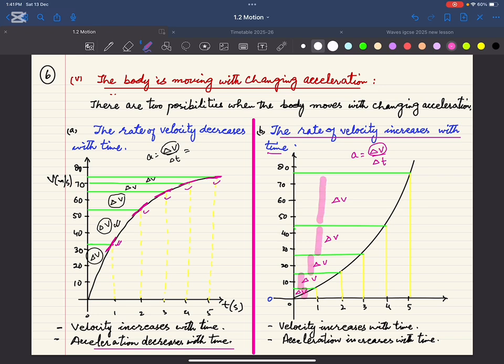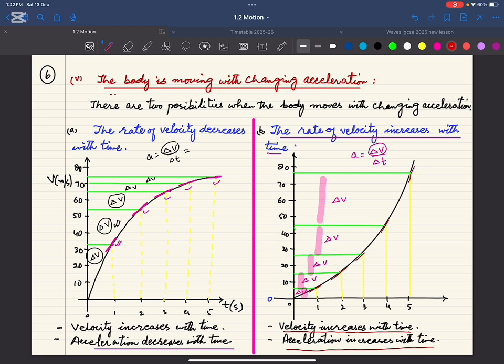So when the velocity changes with a greater rate, the acceleration is changing with a greater rate. Velocity increases with time, so the acceleration increases with time in this case. And if you want to show it with the help of the gradient, each time the gradient increases, this shows that the acceleration increases.